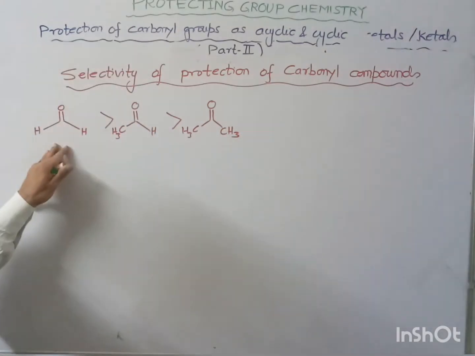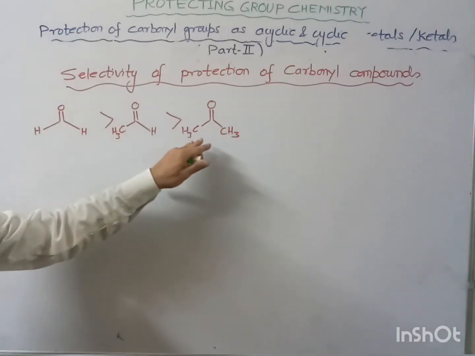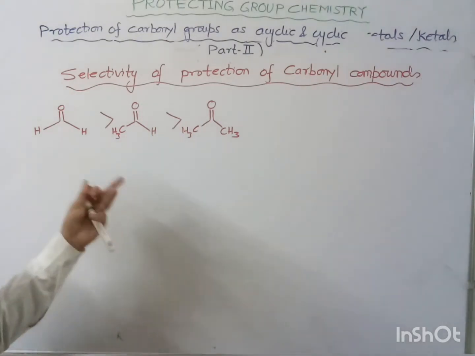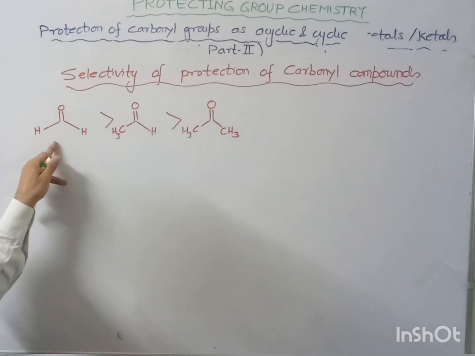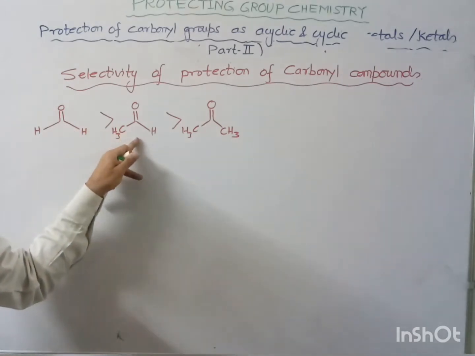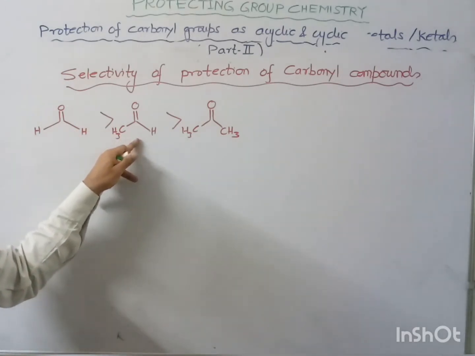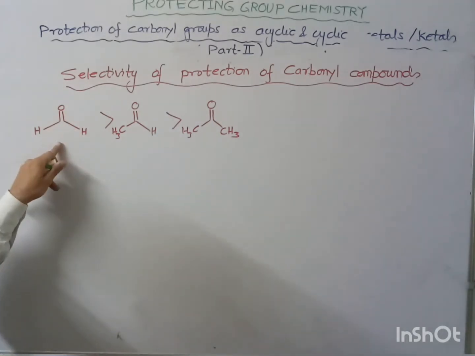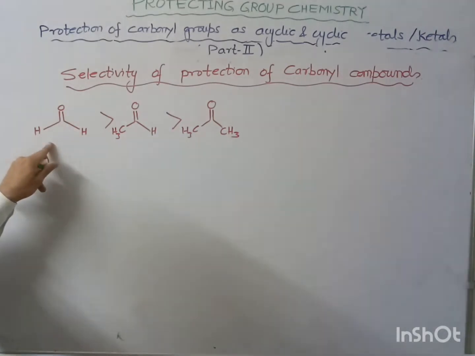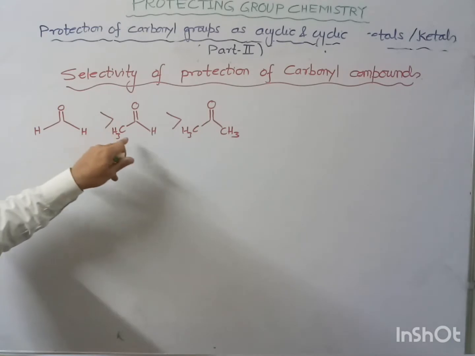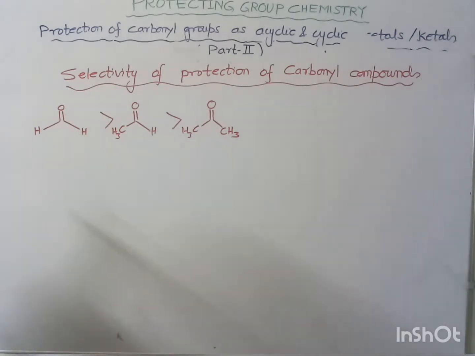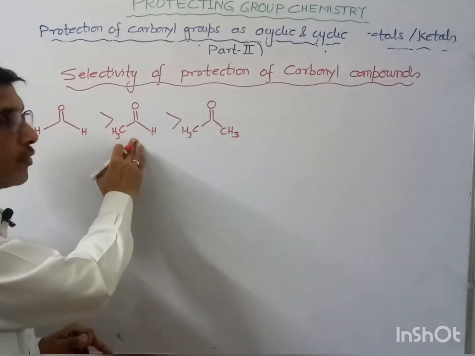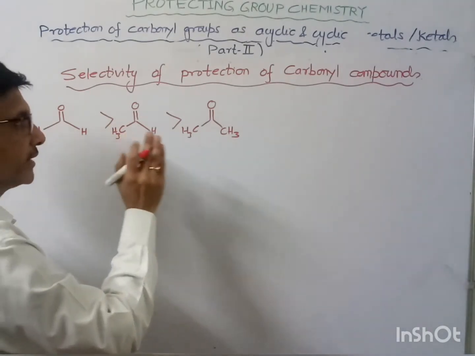If we have formaldehyde and acetaldehyde in the same molecule, which should be protected first? Formaldehyde should be protected first, because it is more reactive than acetaldehyde, and then the reaction will go on over the acetaldehyde.